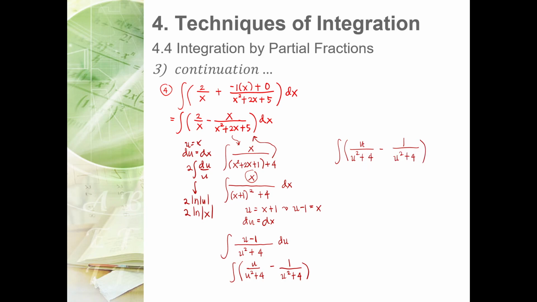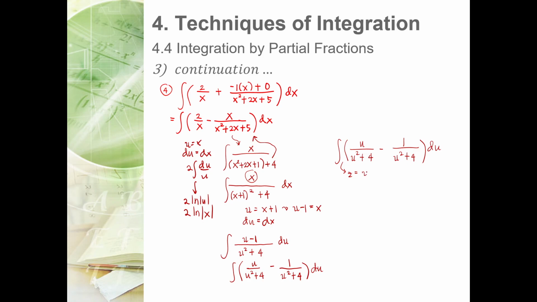In the first term, we can integrate this one using another u-sub. Since our variables are now in u, let's use z.